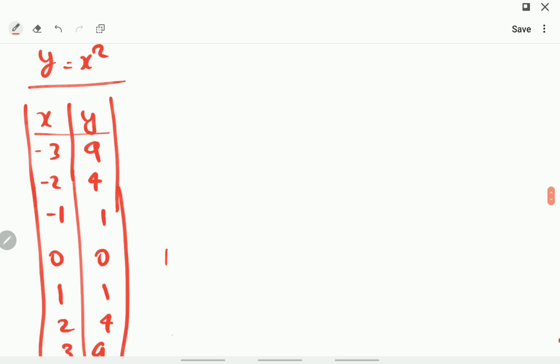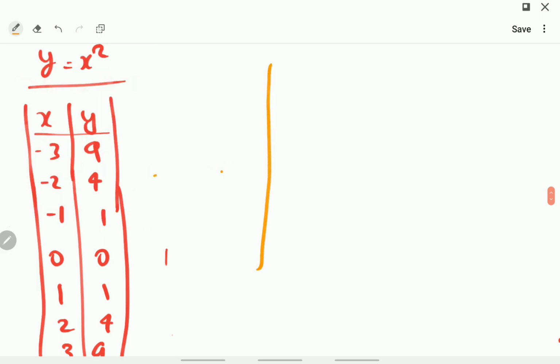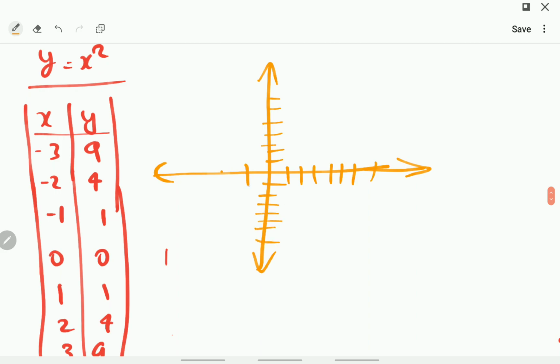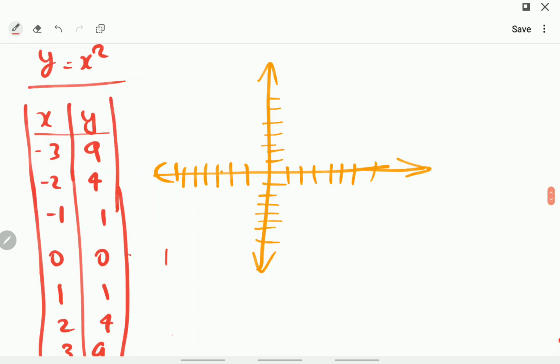What we're trying to prove is what happens when you graph this. Hopefully that's accurate, I really can't tell. But let's just go plot these points.